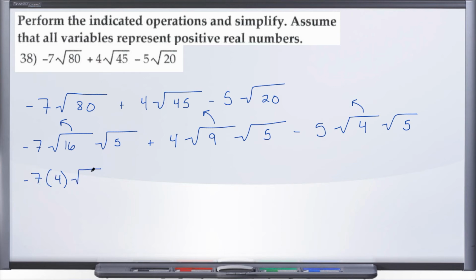And then we rewrite our garbage, that radical 5, plus 4. And now what is the square root of 9? Well, 3. So we multiply 3 by 4, rewrite our garbage radical 5, minus 5. And now what does radical 4 come out as? A 2. So 2 times that 5, and then rewrite the garbage radical 5.